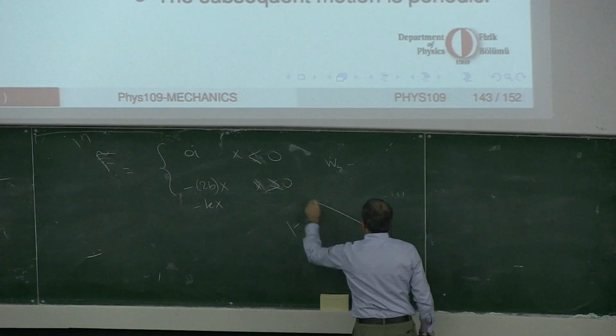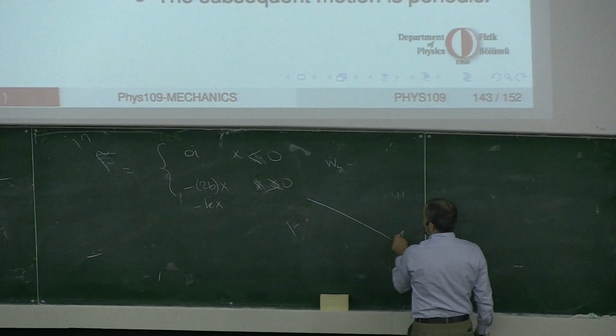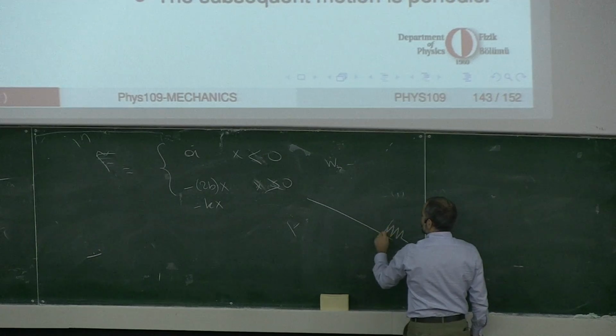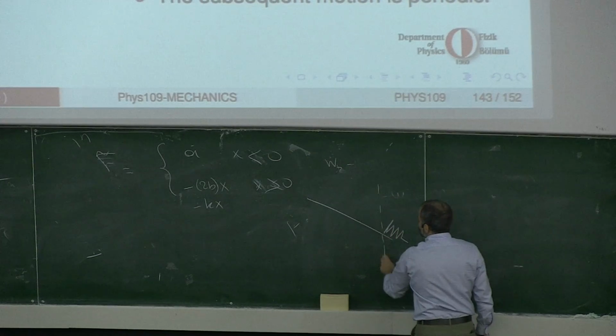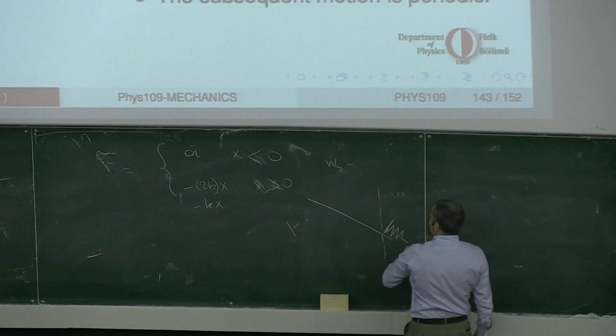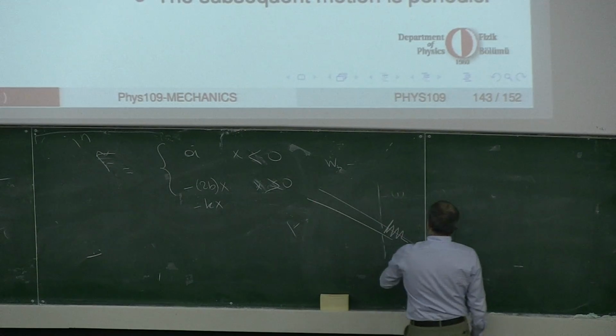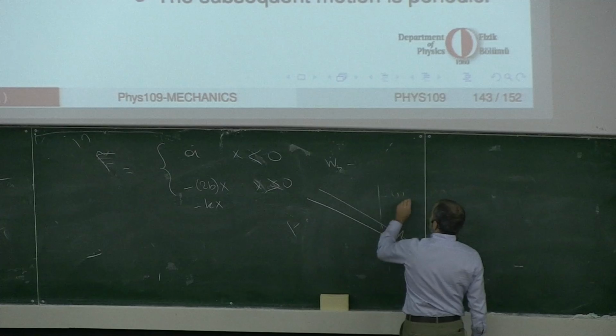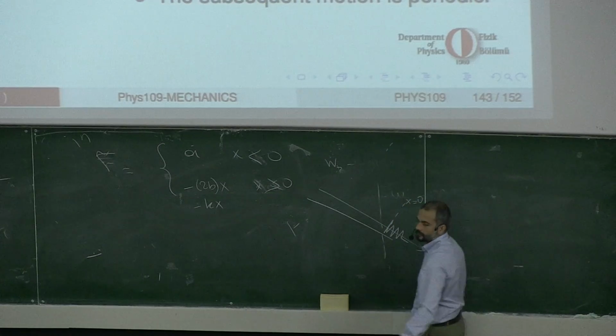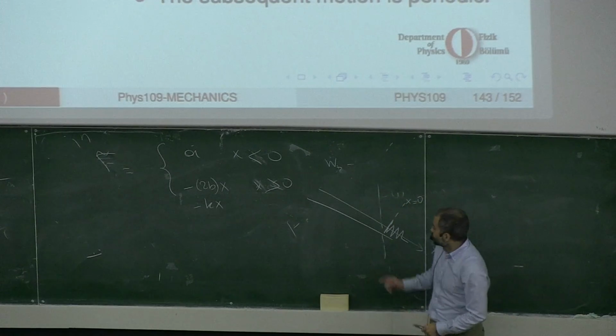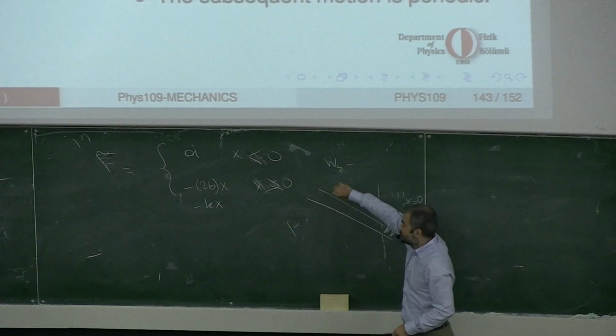So I can just think of this system. I have a spring over here. This is my x equal to 0, or let's say this is my x-axis. This is x equal to 0. So here I will have a constant force in this direction.